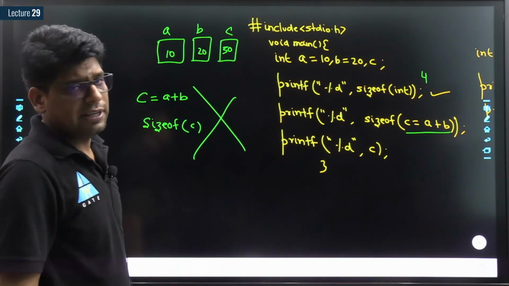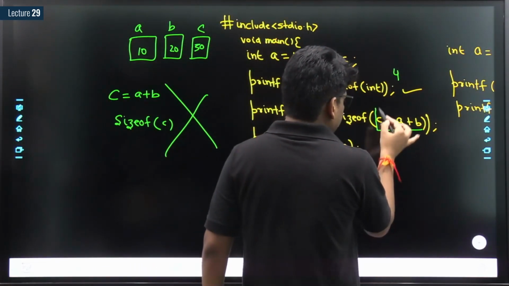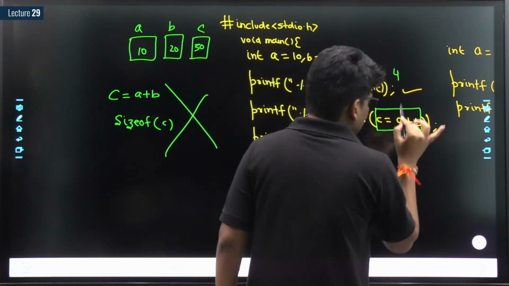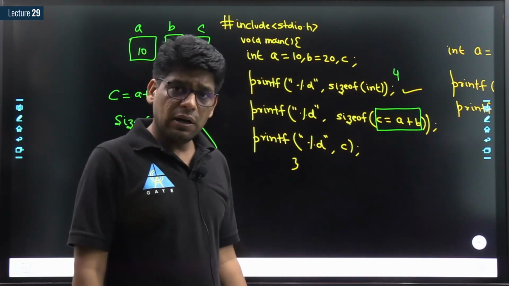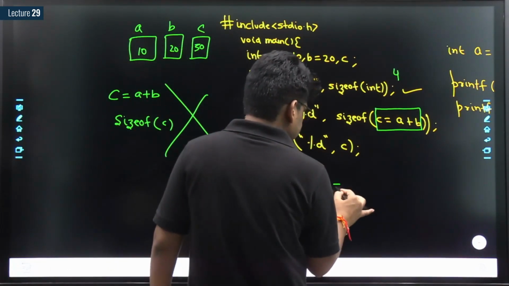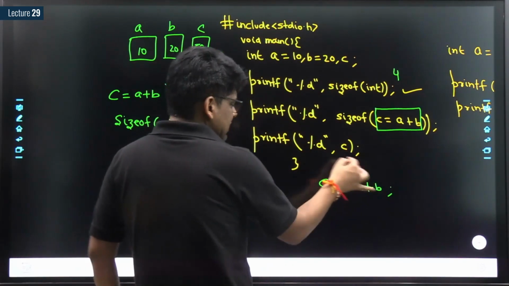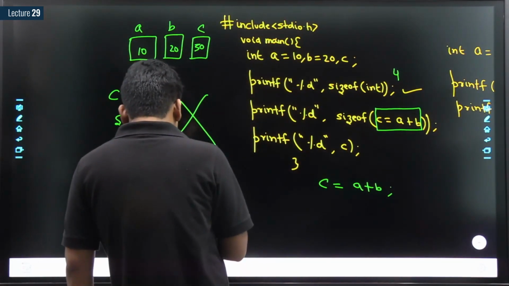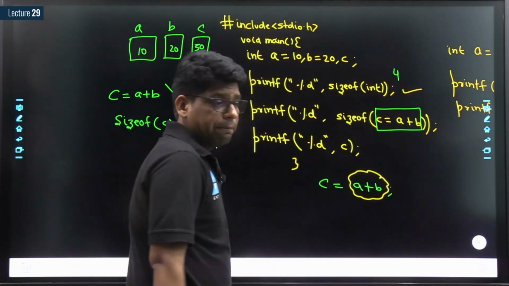First thing to note down is, sir, sizeof never ever evaluates this expression. Then sir, how is it going to evaluate? Think like a compiler. c equal to a plus b is an assignment statement. In an assignment statement, first the RHS value is calculated.